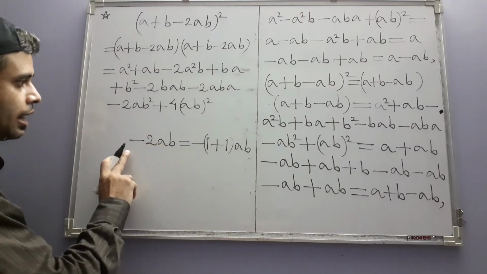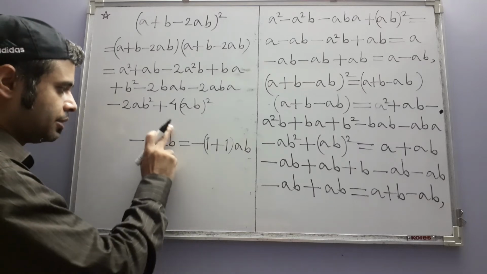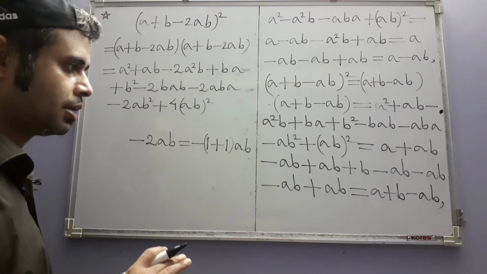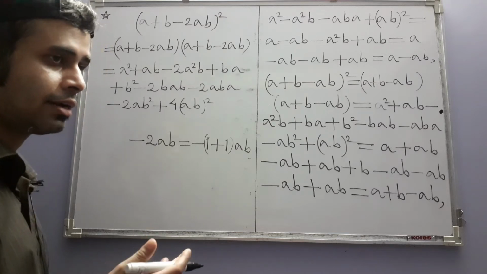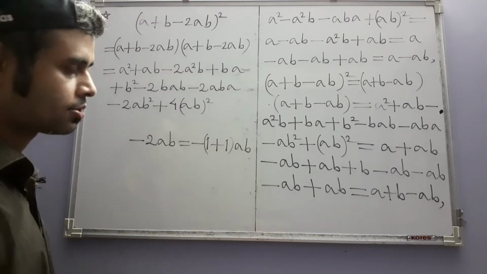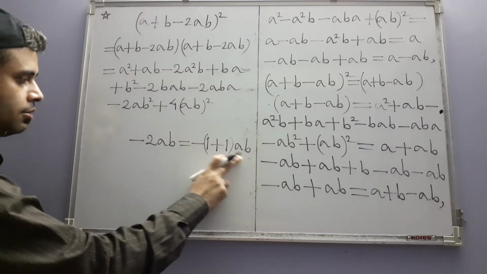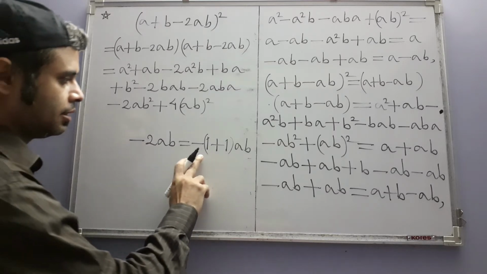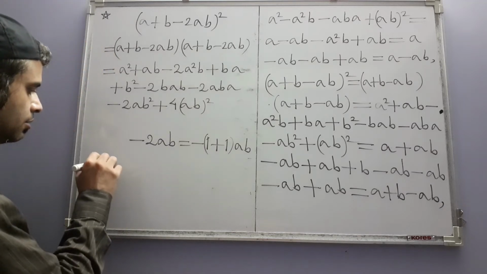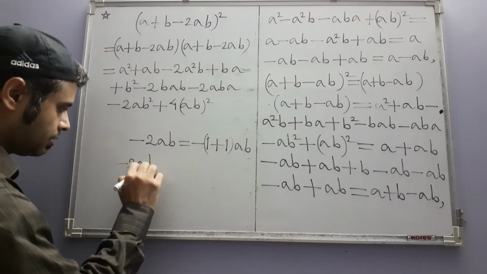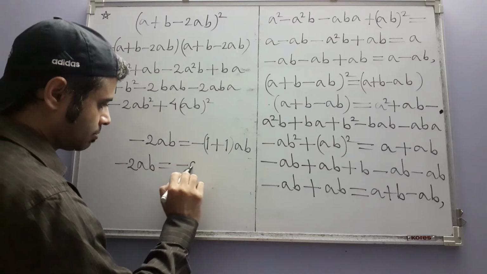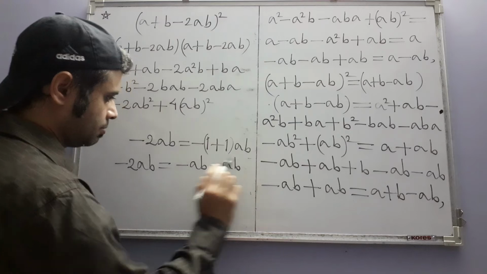Now, I ask you to not interpret this term like this because we are in a commutative ring, but the ring may not have a unity, that is 1. It may not have a 1. So in a ring with no unity, this of course is meaningless. Instead, minus 2ab should be interpreted like this: minus ab, minus ab.